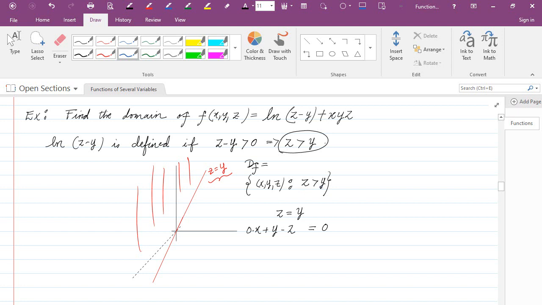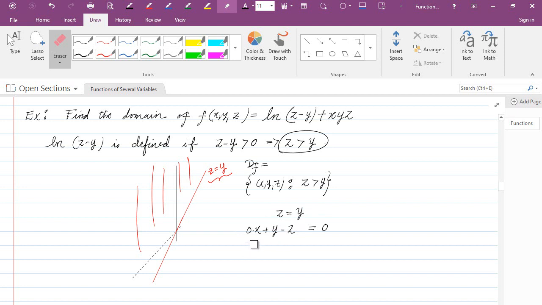Now in the xyz space, if you look at the plane that passes through this straight line perpendicular to the yz plane.